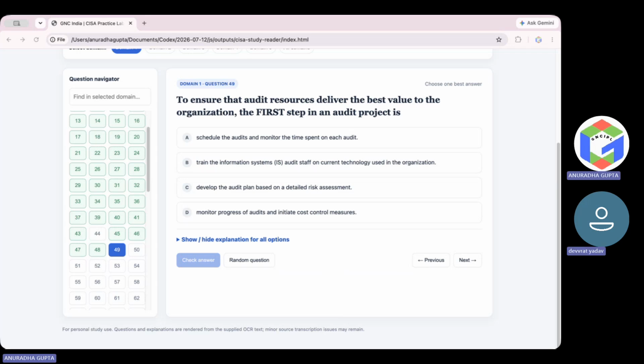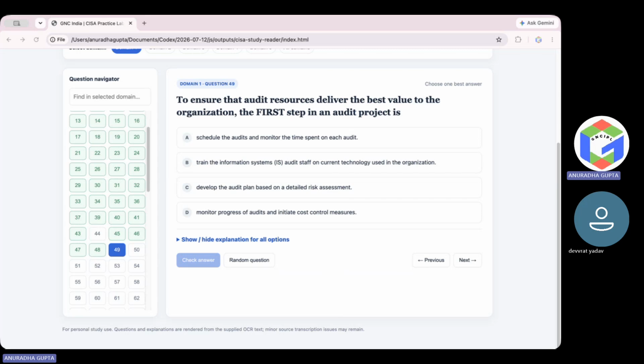C. So the question is, to ensure that audit resources deliver the best value to the organization, the first step in an audit project is to schedule the audit and monitor the times spent on each audit. That is a later stage activity. Train the information system audit staff on current technology used in the organization.